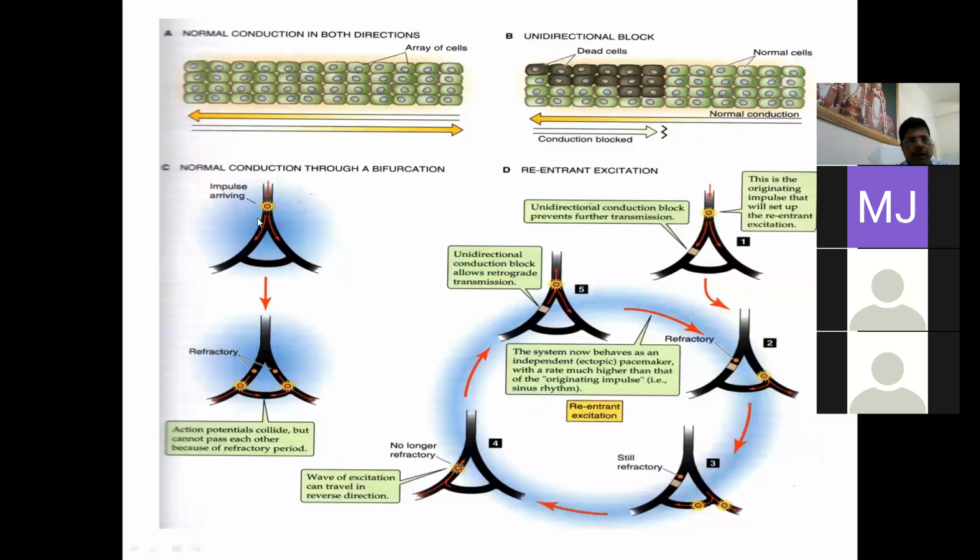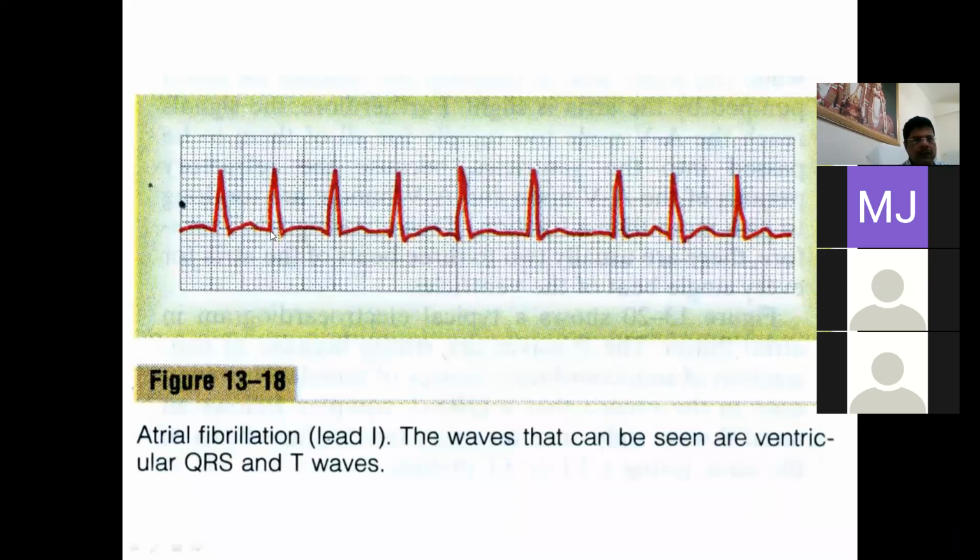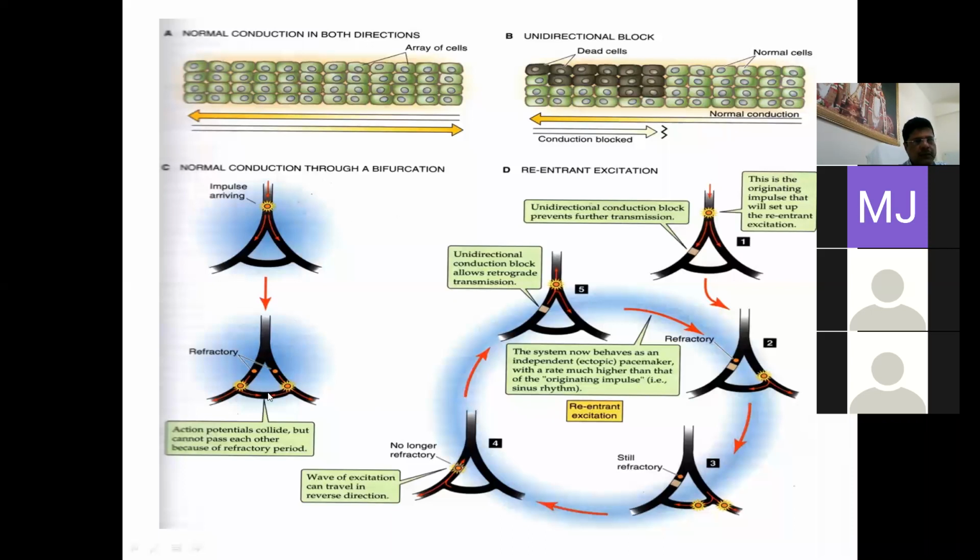So in this pathway, when the impulse is coming down and travels down both the branches, then when it goes through the connection between the two branches, the two action potentials will collide, and there is no further conduction because both action potentials are in the refractory period.